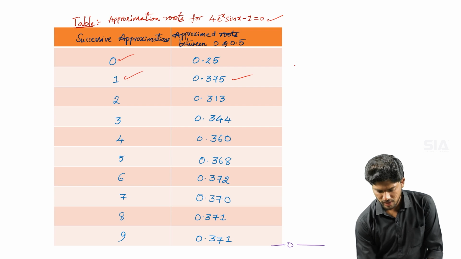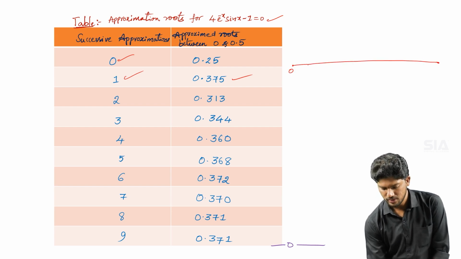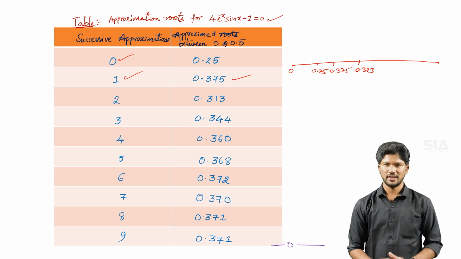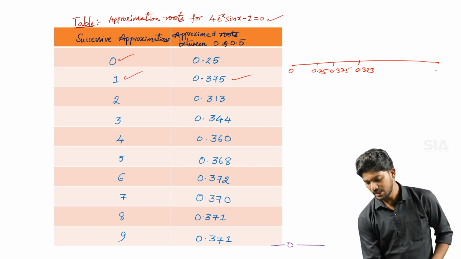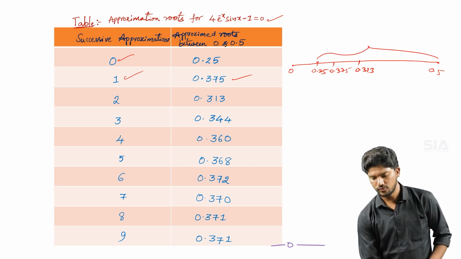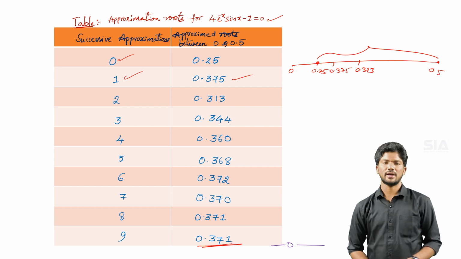If you draw a real line, clearly you can see 0 and 0.25, next 0.375, next 0.313, which is in between. For your understanding purpose I am writing in this format. If you observe carefully, the required root exists between 0.25 and 0.5, so therefore the final root is 0.371.